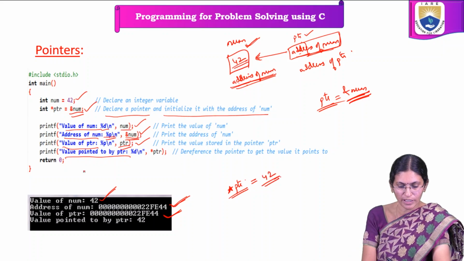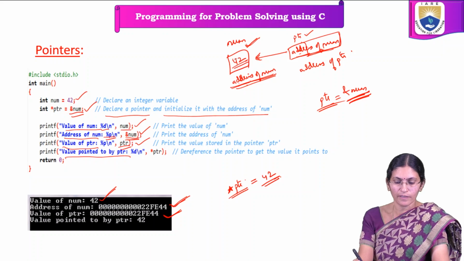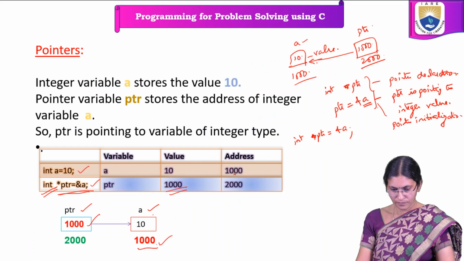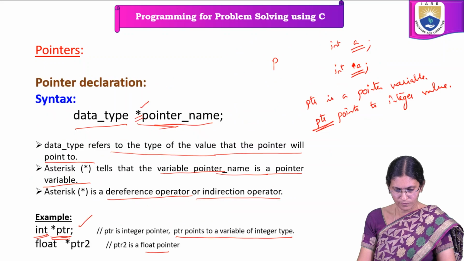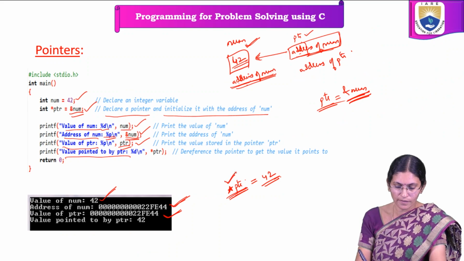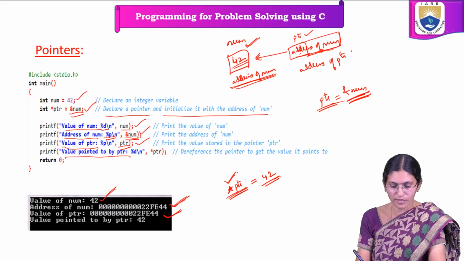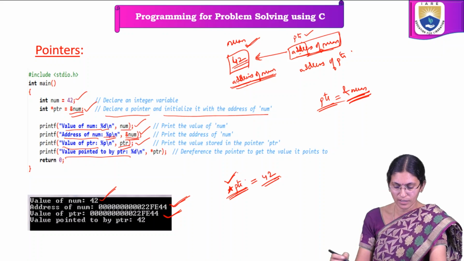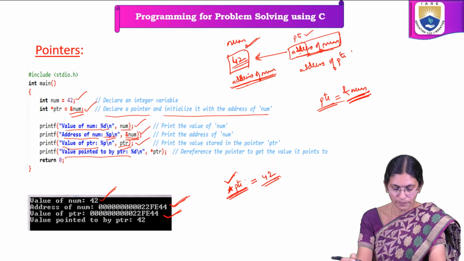So we can also print the value of num variable by using *ptr, by using the dereferencing. This is called the dereference operator or indirection operator. By using this dereference or indirection operator, we can access the contents of the num variable.